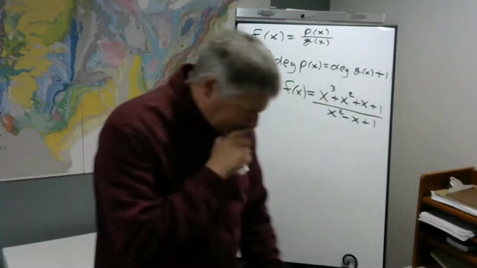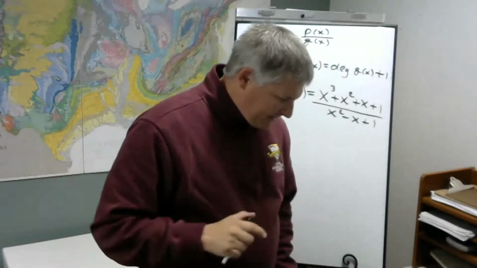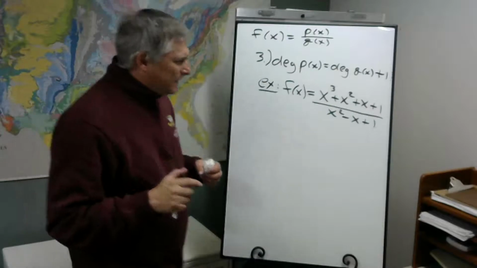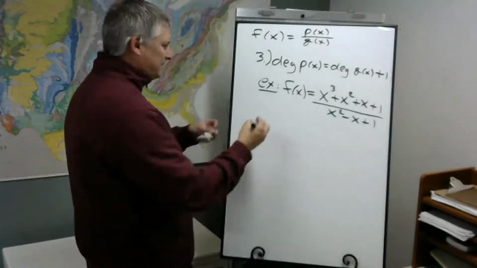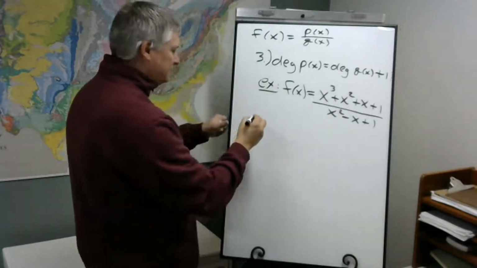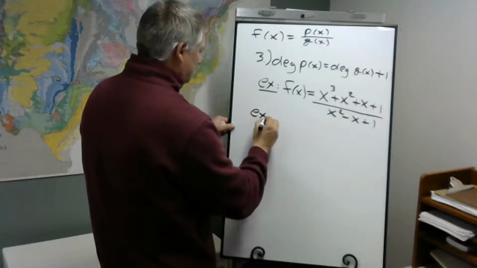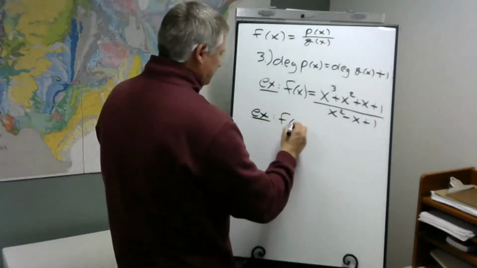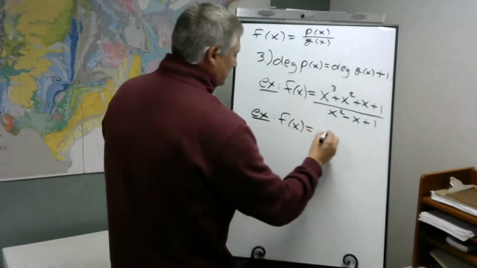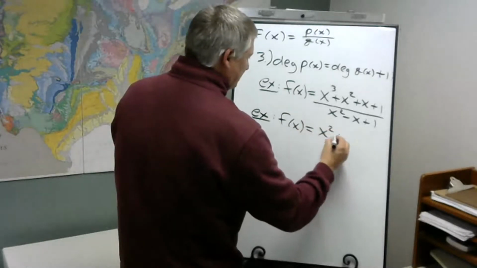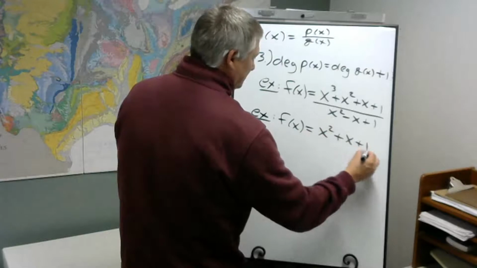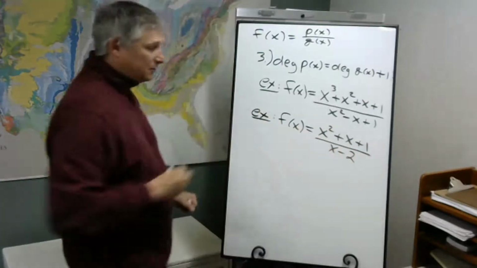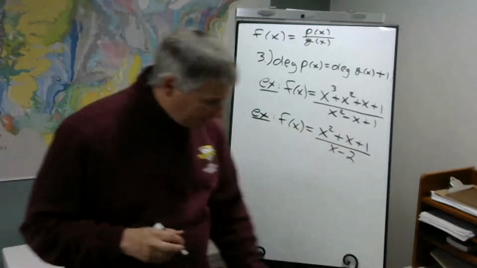Now, for this, it can get a little complicated. And let me do a different example just because the division will go easier. But let's say we have f of x equals x squared plus x plus 1, and then we have x minus 2, something like this.